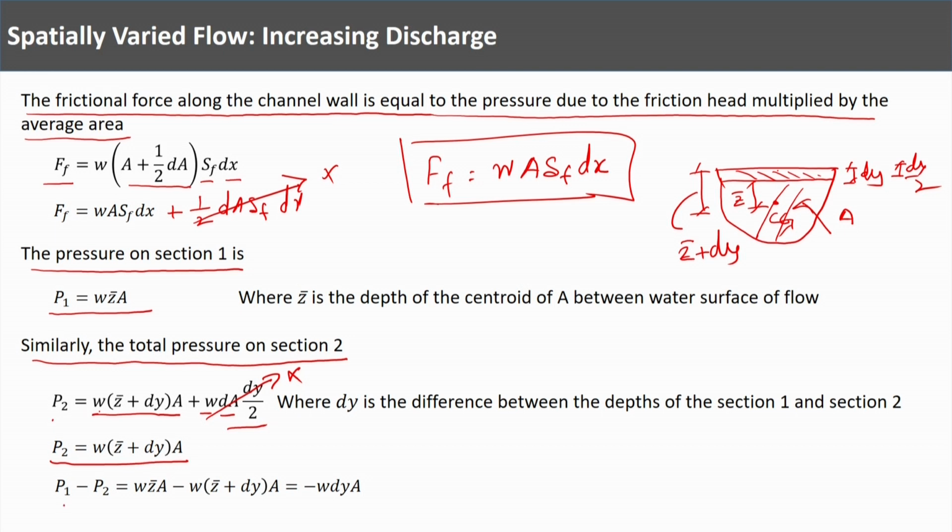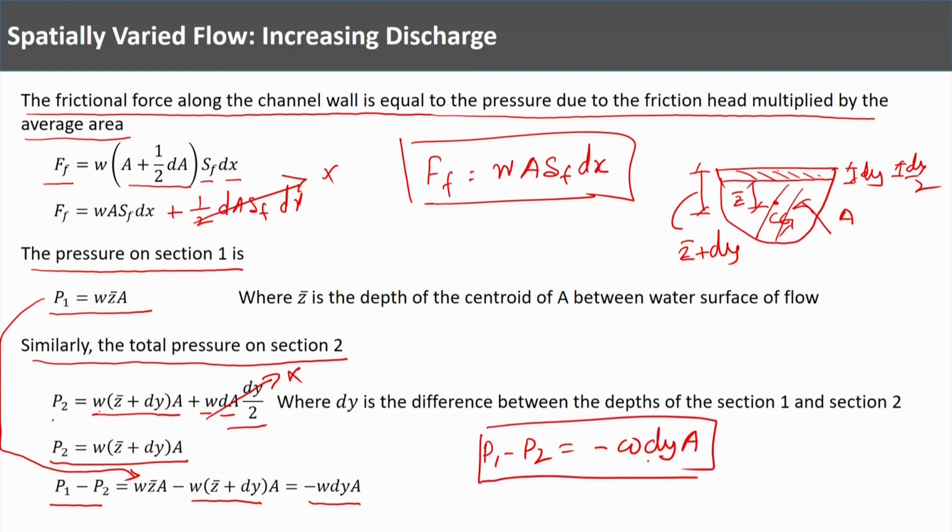Now if I calculate P1 minus P2, it is W Z bar A minus W, Z bar plus dy, into A, and finally I am getting W dy A. So P1 minus P2 is equal to W, the unit weight of water, dy into A. So now I have calculated dM by dx.